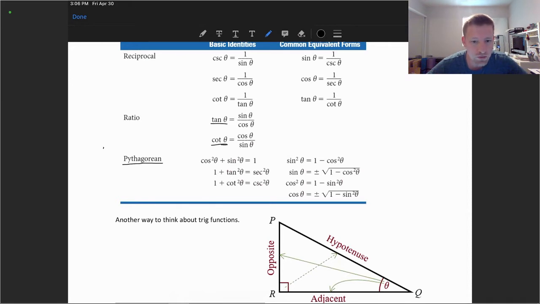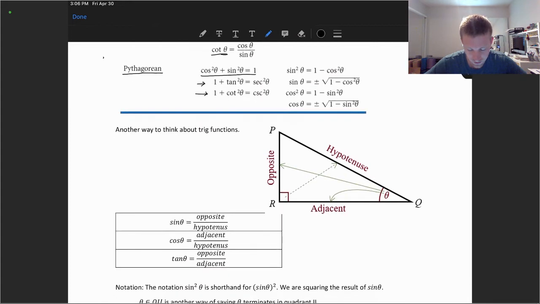We can rearrange this by dividing that initial Pythagorean theorem identity by either a cosine squared or a sine squared to get two other representations of that Pythagorean theorem. So each of those three are going to be useful for working with proving identities in the future and just rearranging our terms in trigonometric equations when we get to those as well.